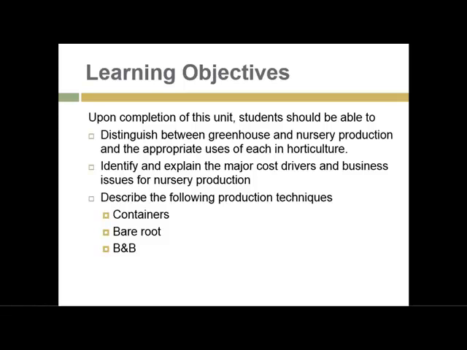Your assignment 8-9, going out in the field and interviewing and looking at one of these businesses, will help you bring this into focus. And then specific nursery production techniques include container production, bare root, and B&B, balled and burlapped methods, and we'll talk about those.